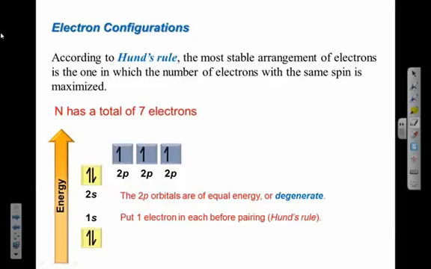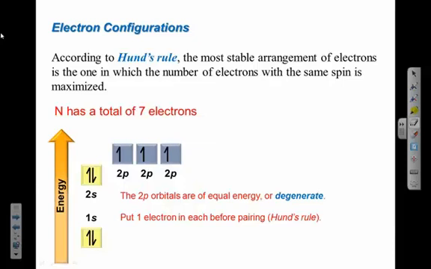So what I find is for elements, the more unpaired electrons they have, the more magnetic the element. Following exactly what Hund's rule predicts. So now I believe Hund's rule. Because when this idea matches with experimental evidence, then I believe the idea. So that's why we follow Hund's rule.